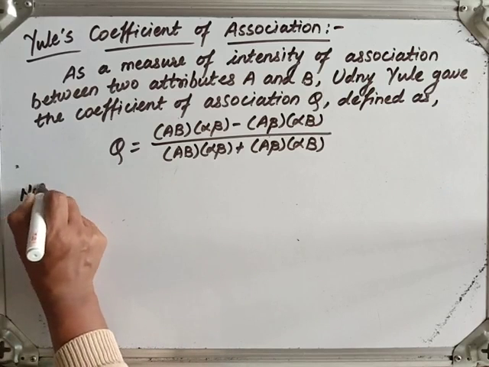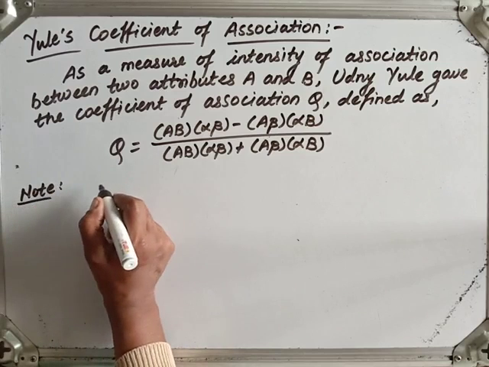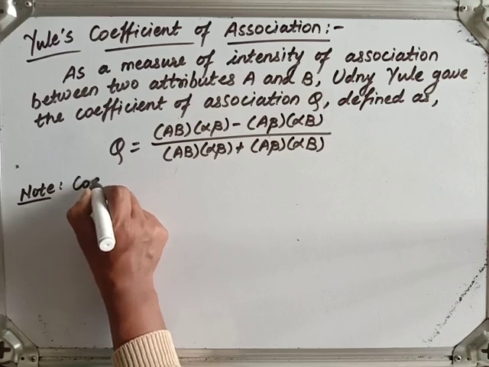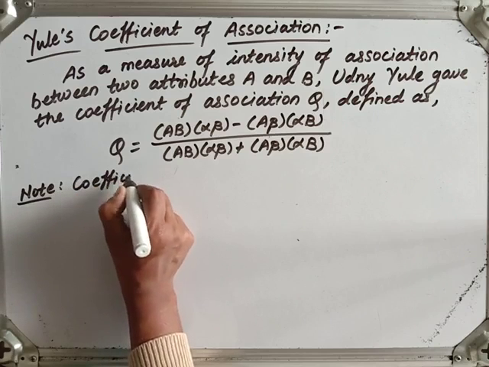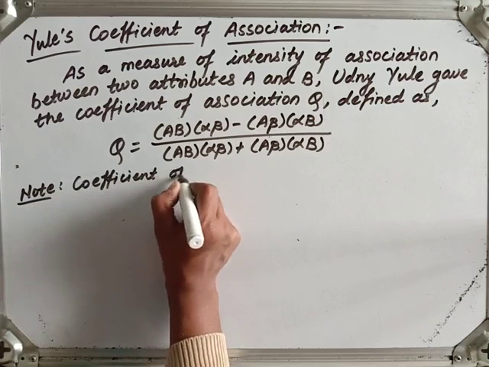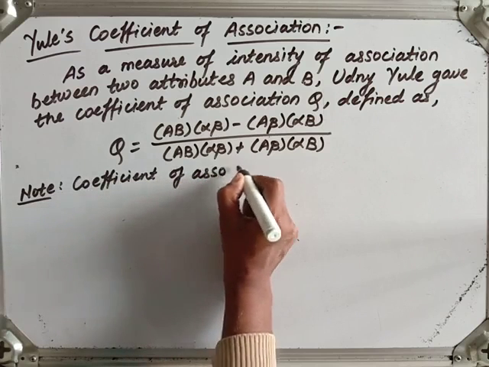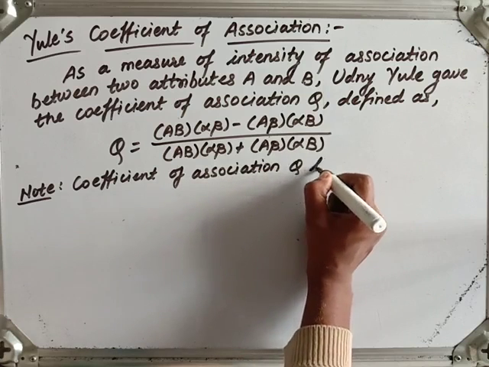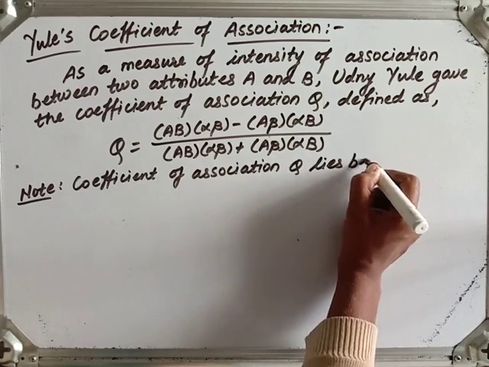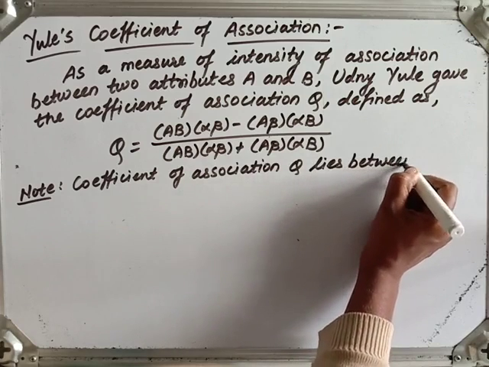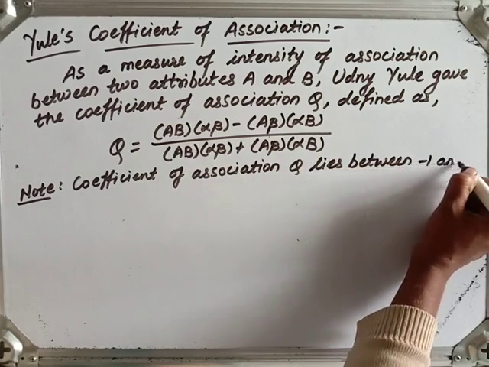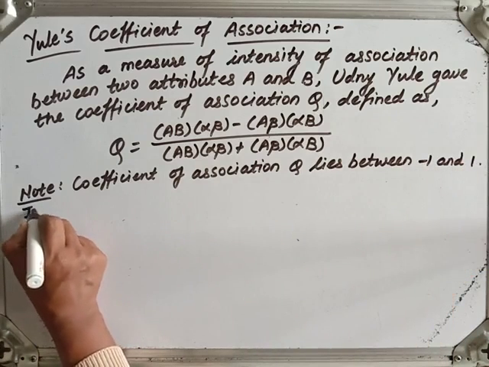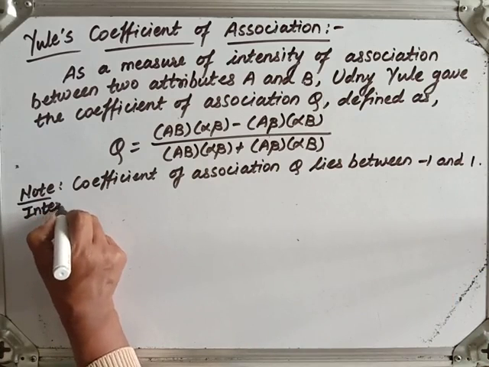Now note, this coefficient of association Q lies between -1 and 1. Okay. Now, what does this give? Interpretation.